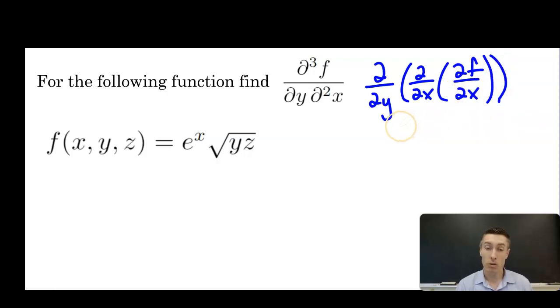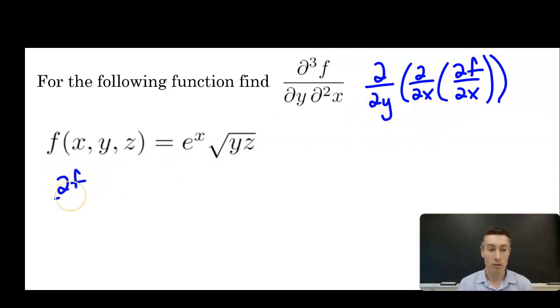Now, mind you, Clairaut's theorem does allow us to switch the order even as we take third and fourth and fifth order partial derivatives. So if we wanted to do y first and then x, we should get the same answer as long as that continuity piece is true. But let's just follow the order that they gave us here.